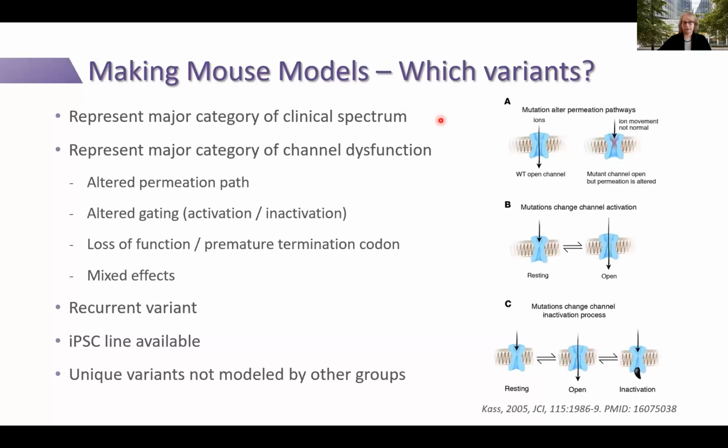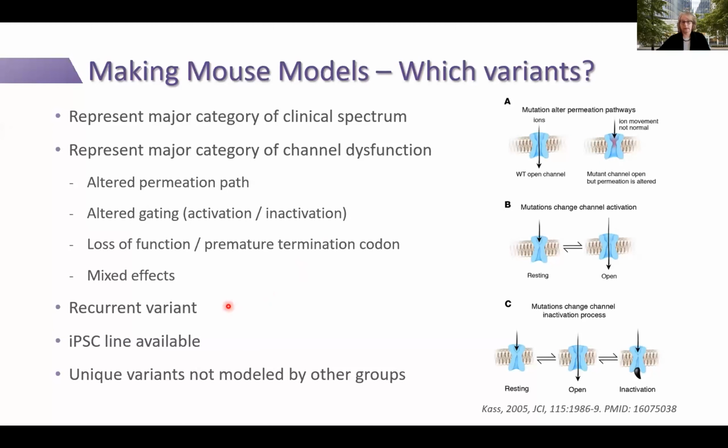So what we want to think about is representing major categories of the clinical spectrum, representing major categories of channel dysfunction, and that's where that high throughput electrophysiology data can help us group things into different types of alterations. For instance, altered gating, where the channel may open too soon.